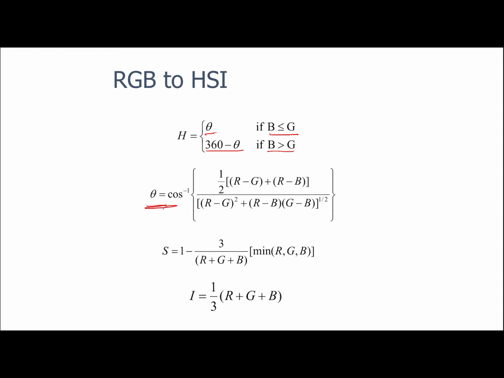And similarly we can compute saturation and intensity. In all these relations, R is the red component, G is the green component and B is the blue component of the color specified in the RGB space.